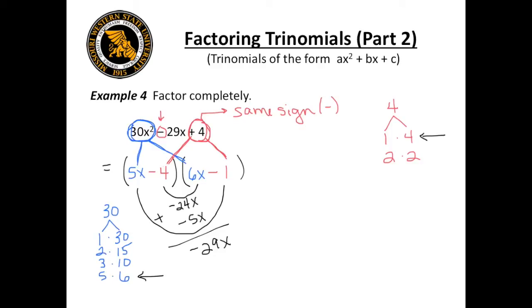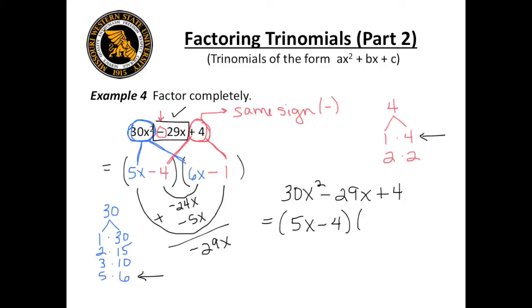And negative 29x is exactly what we wanted to get. So the factored form of 30x squared minus 29x plus 4 is equal to 5x minus 4 times 6x minus 1.